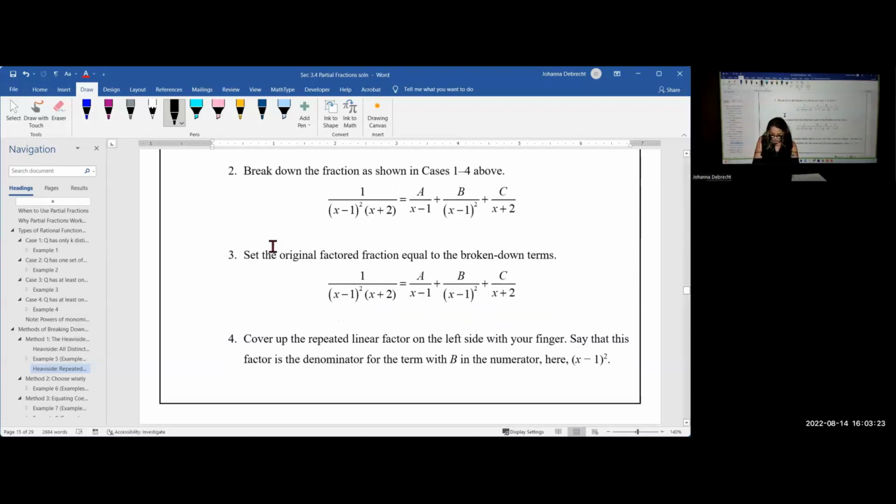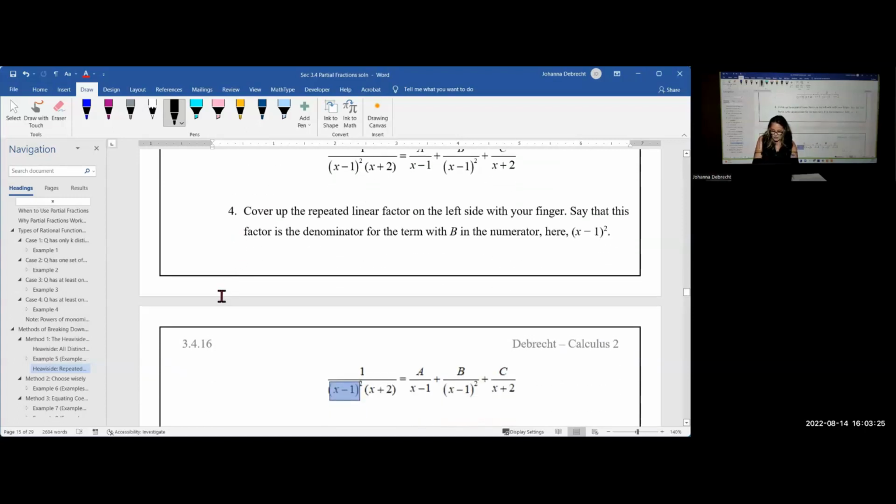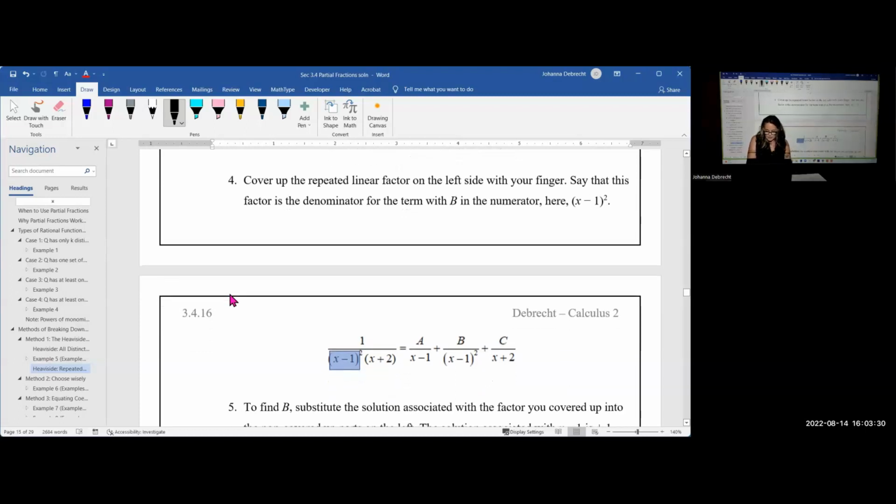And cover up the repeated linear factor on the left side with your finger. So in this particular case, we want to cover up the x minus 1 quantity squared. Now, we're only going to be able to find the numerator over the highest power of that repeated factor. We're not going to be able to find this lower one with a in the numerator. We're only going to be able to find the b one, right?